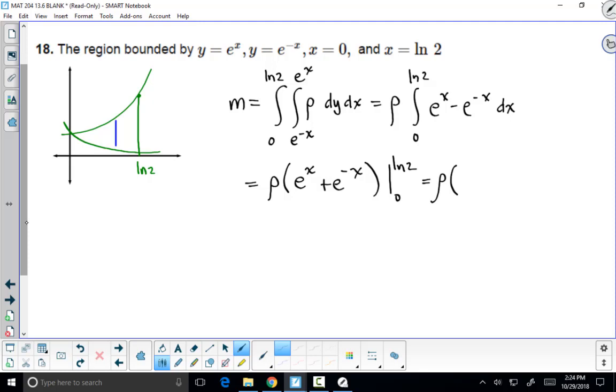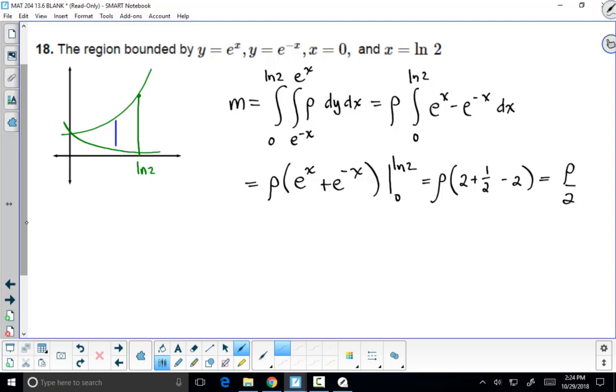So what do we end up with there? Looks like 2 plus 1/2 minus 1 minus 1, so that's minus 2. So we end up with rho over 2. So that's our mass, given the uniform density of rho.